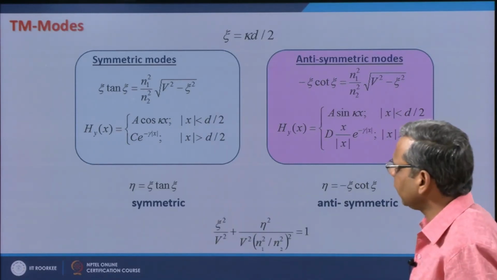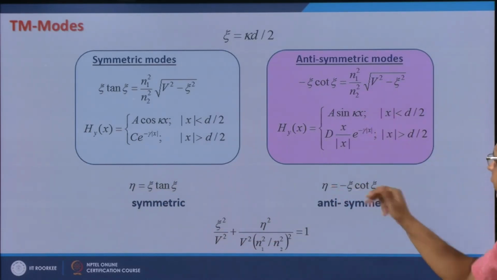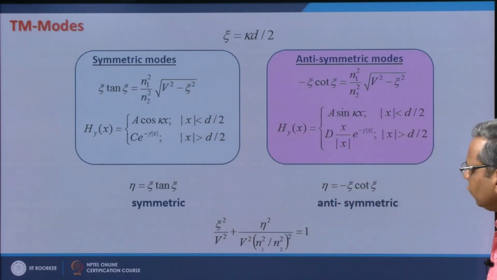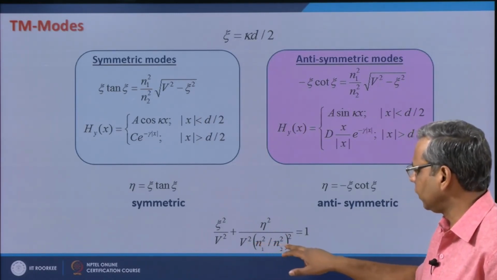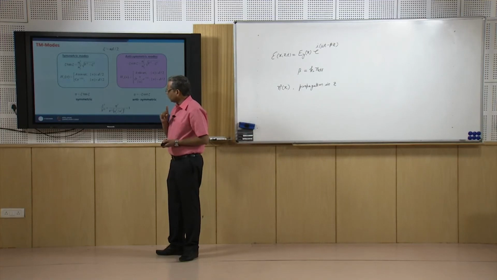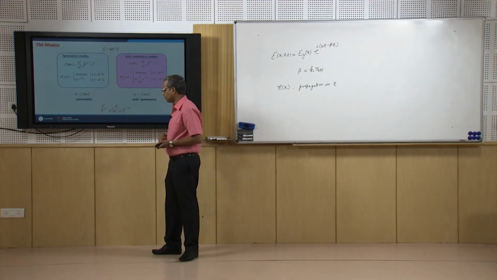So, for symmetric mode I will have eta is equal to xi tan xi, and for anti-symmetric case I will have eta is equal to minus xi cot xi, and from the right hand side I will get xi square over v square plus eta square over v square times n1 square over n2 square whole square is equal to 1. In the case of TE modes, this factor was not there and I had the circles, xi square plus eta square is equal to v square.